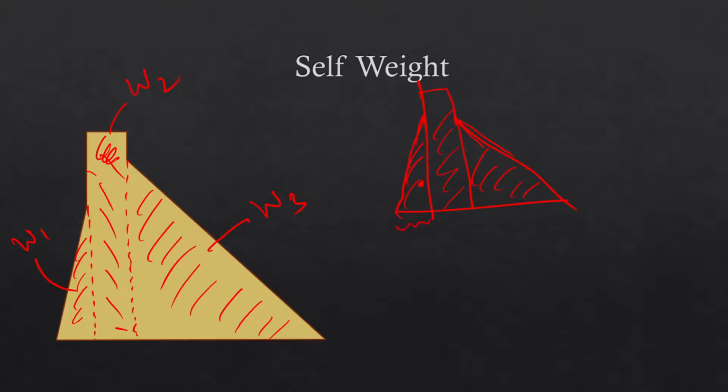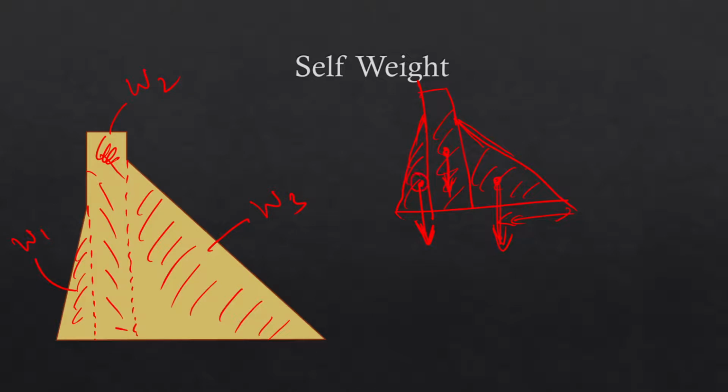Here it will be 2/3 of this distance from here. Then for the rectangular part it is right at the middle, and again for this part it is 2/3 of this distance from this corner. That means somewhere around here. So these are the points at which these weights will be acting.